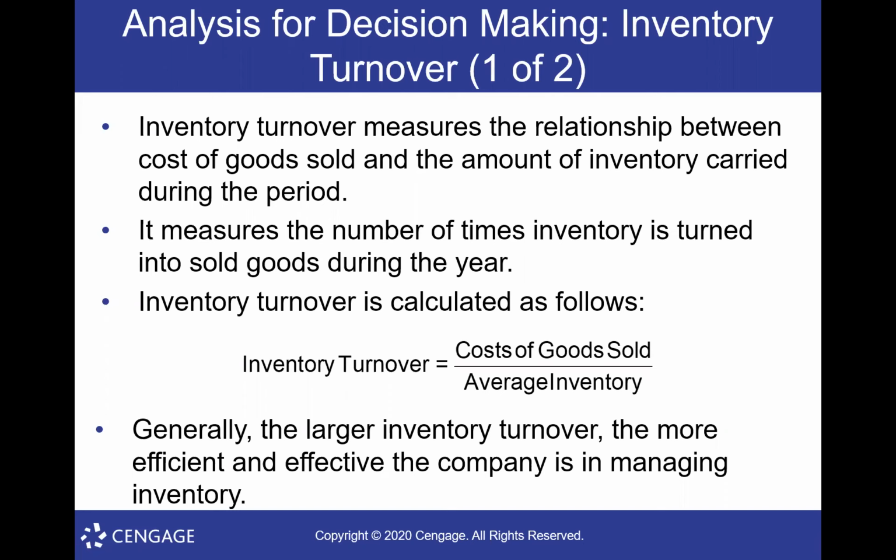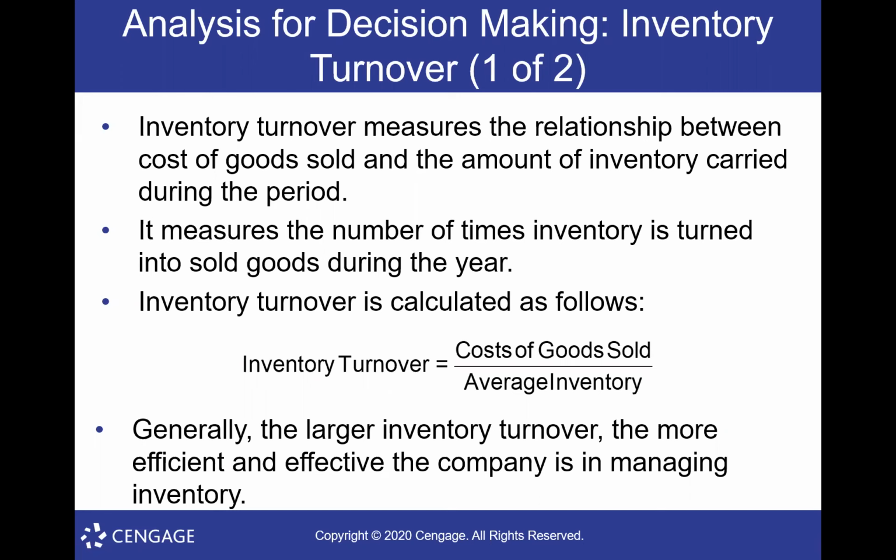And so we can't just compare a whole month's worth of cost of goods sold to an asset at a given period of time. So instead, what we do is we average that asset over that period of time. So what we would do is take the inventory at the beginning of the month, plus the inventory at the end of the month, divided by 2, and that'll give us an average across that month, okay?